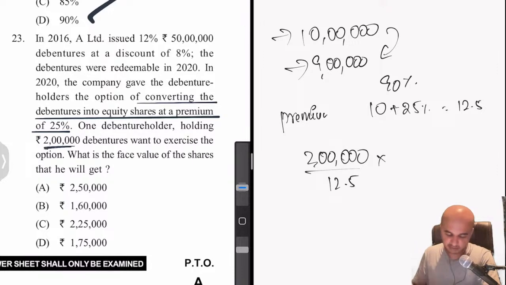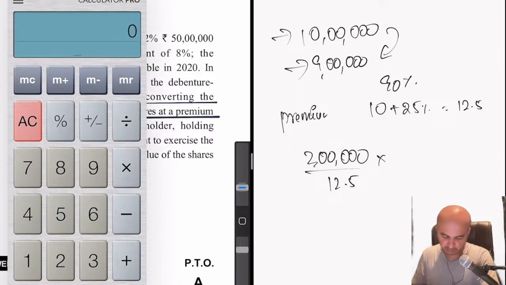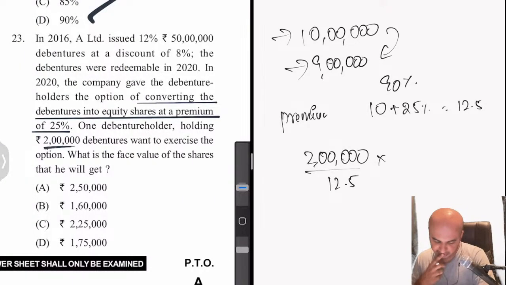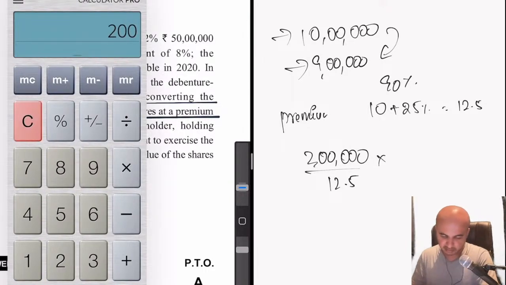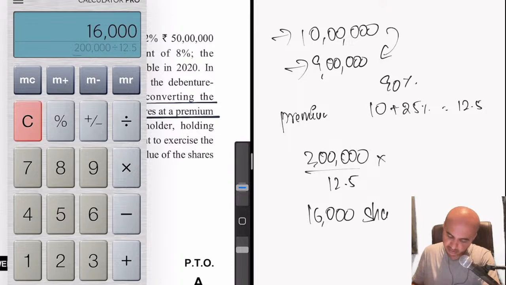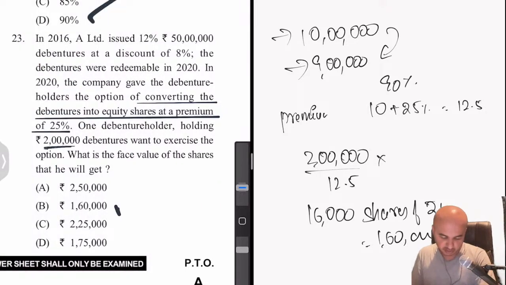So 2 lakh divided by 12.5. That would be per share. That may not be correct actually. 16,000 shares of rupees 10. So 1,60,000. Yeah, done. That's all. So what is the face value of the shares that he will get?